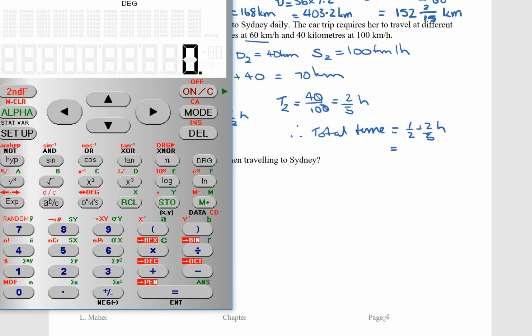Slide it over. 1, fraction button 2, our half, plus 2, fraction button 5.